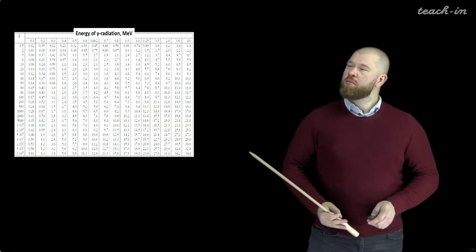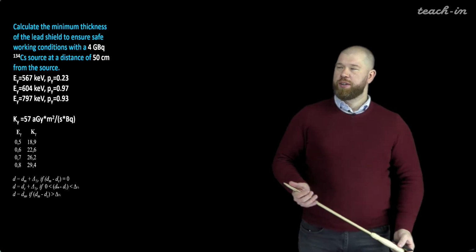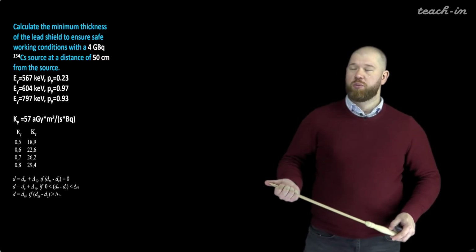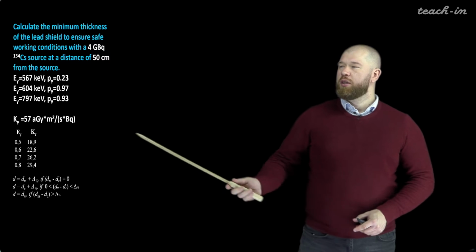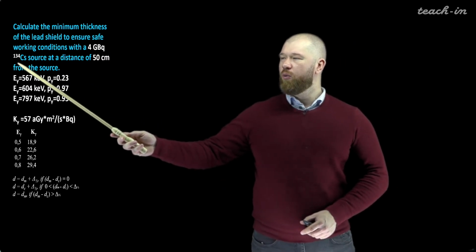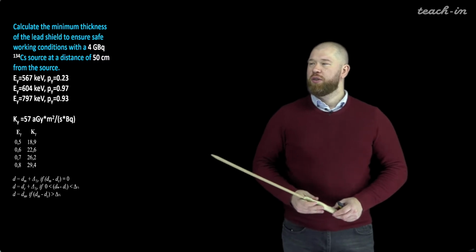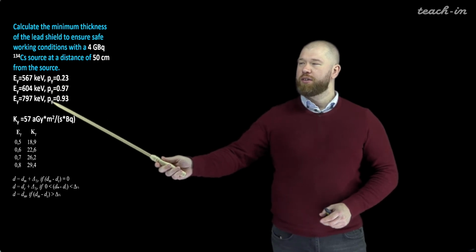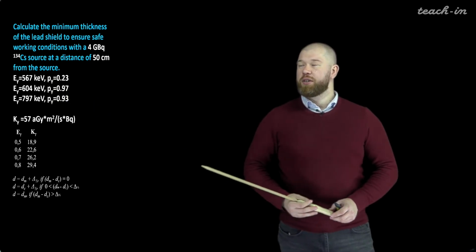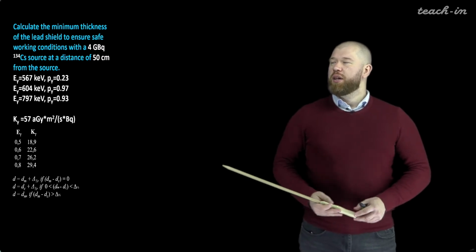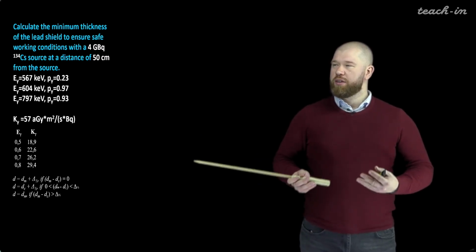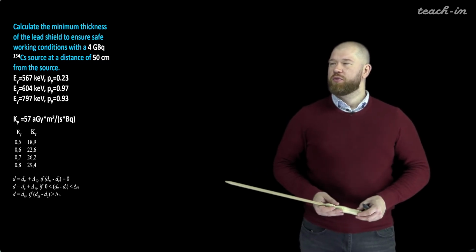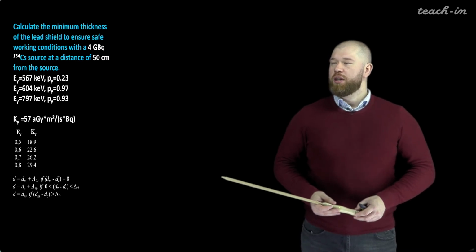the thickness. But let's try to solve another task, when we also have a source of ionizing radiation with one radionuclide. In this case, it is cesium-134, and this radionuclide has three different gamma lines that are emitted with different intensity, but we have to calculate the lead shield to ensure the safe operation with such a source.